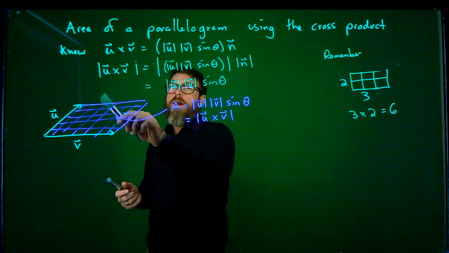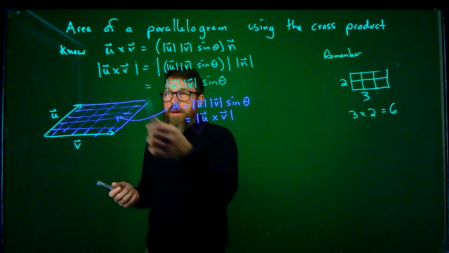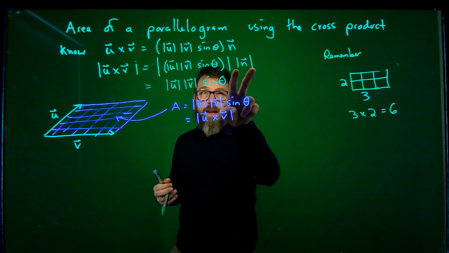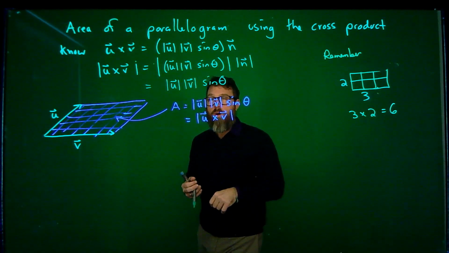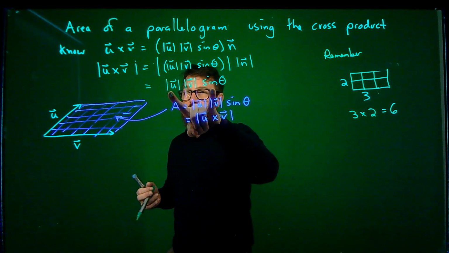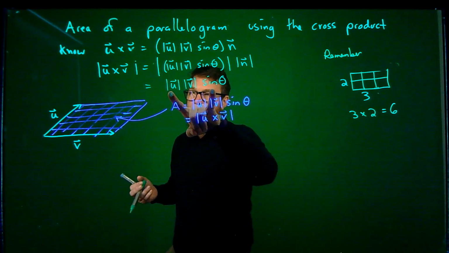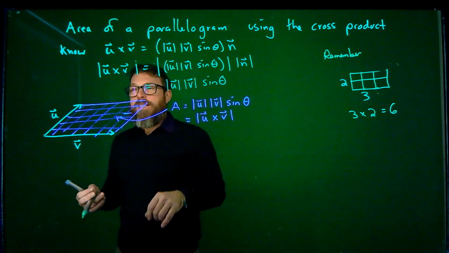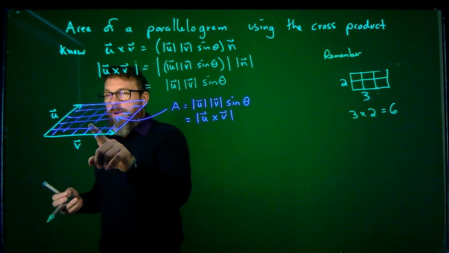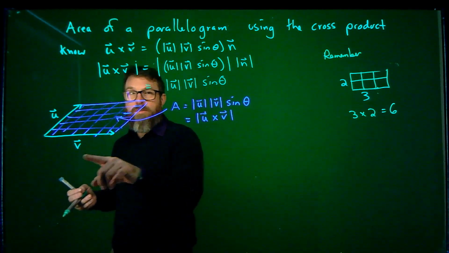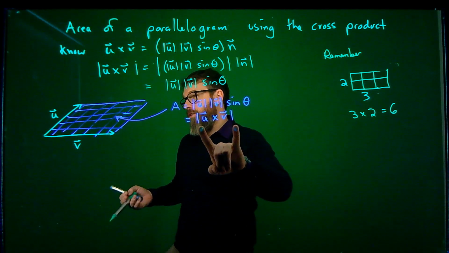So what I did is I took the magnitude of both sides. The magnitude of u cross v is going to be equal to the magnitude of the right-hand side, and I know the magnitude of a unit vector is equal to 1. And what this thing right here actually defines is the area of a parallelogram. So what we can say is that the area of a parallelogram defined by vectors u and v is nothing more than the magnitude of the cross product of u and v.